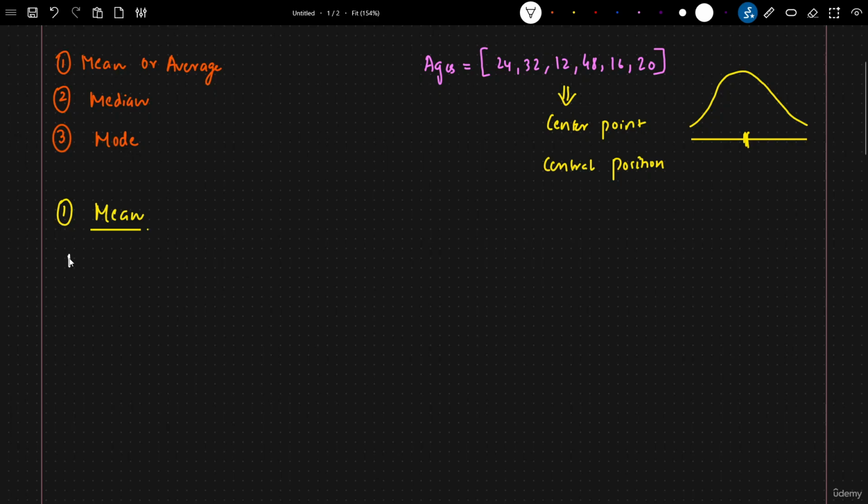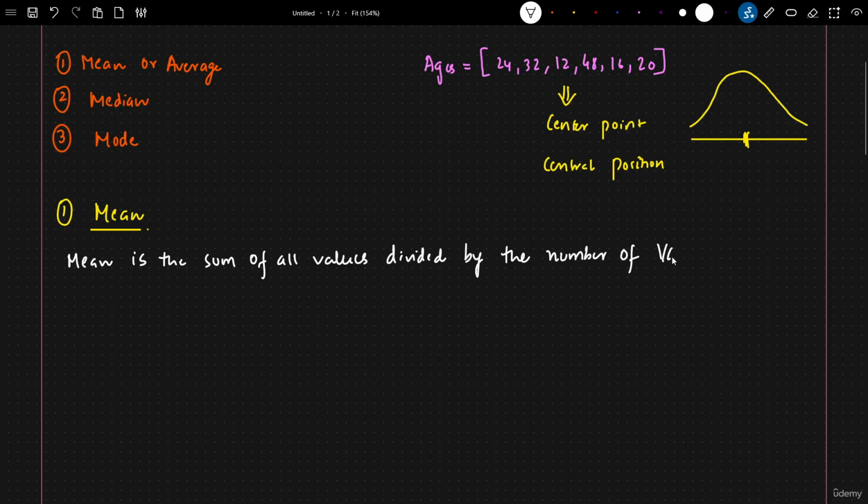So again, with respect to the definition, mean is the sum of all values divided by the number of values. Now you know that we have already discussed population and sample, right?